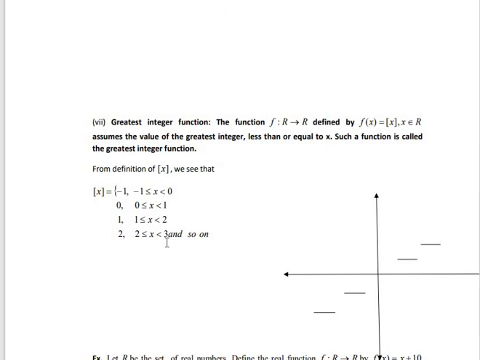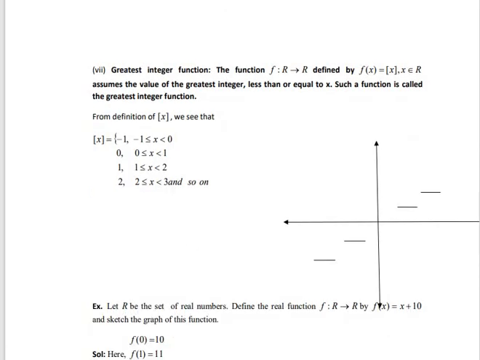Now see, if you draw the graph of this particular function, you will get a graph which looks like a step. I will explain this graph. This vertical line is the y-axis, and this horizontal line is the x-axis.